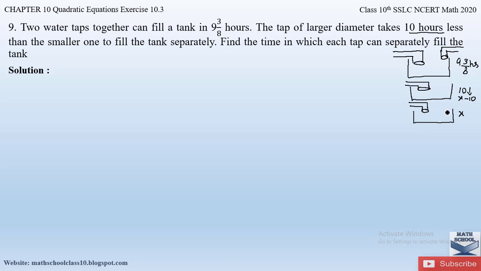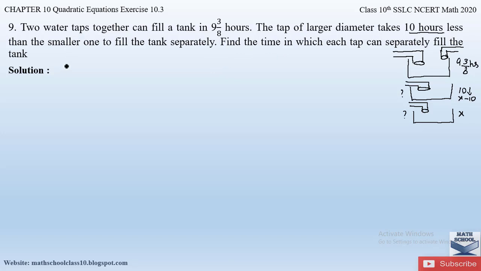Now we have to find out the time taken by the larger diameter tap to completely fill the tank, and also the time taken by the smaller diameter water tap to completely fill the tank. Whatever we have to find out, we initially let those values.